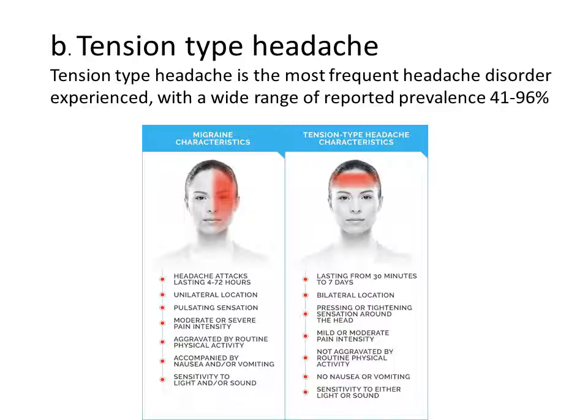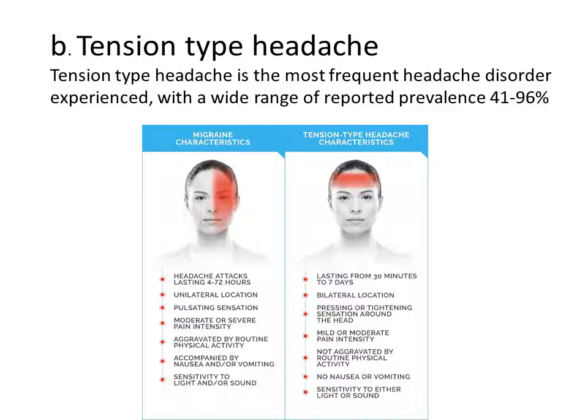Tension-type headache, and most of us have it. About 41 to 96% of people have such a headache, but we have to differentiate between them: the migraine, the unilateral one that causes nausea, vomiting, and photophobia, while the tension headache does not cause that.